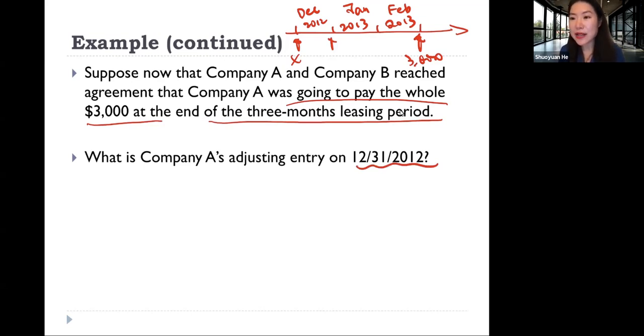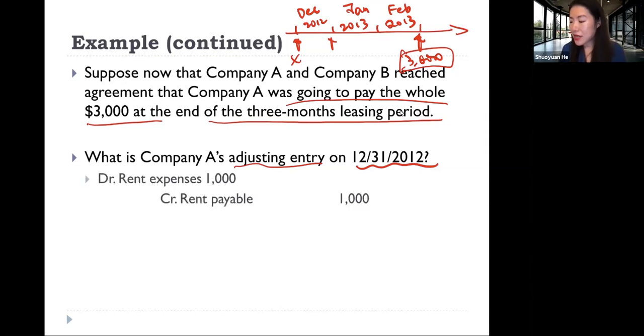And this entry is called the adjusting entry because the payment is not made here, so there's no outside source document. That is an adjusting entry. What is company A's adjusting entry on December 31st, 2012? It is to debit rent expense, credit rent payable.